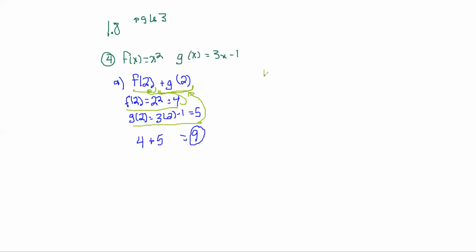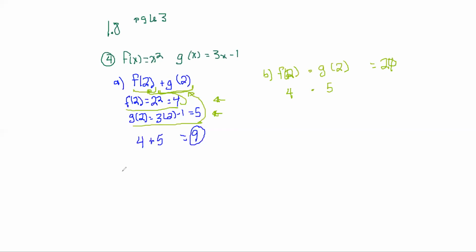So, B, we're going to do f of 2 times g of 2. So we know f of 2 is equal to 4, and we know that g of 2 is equal to 5 from our work over here. So this is equal to 20. Okay. Cool.